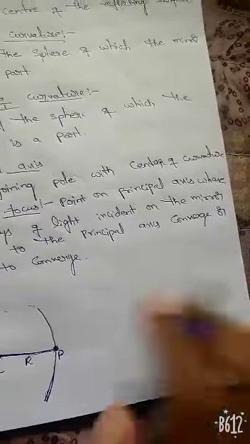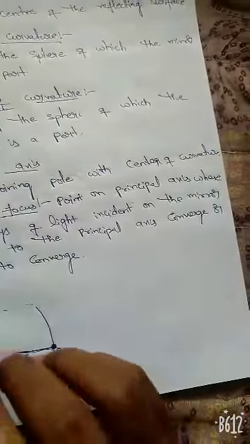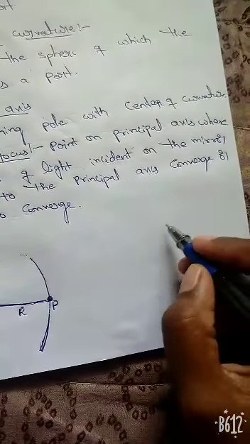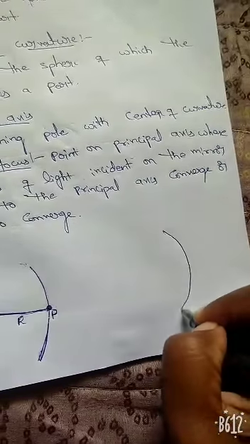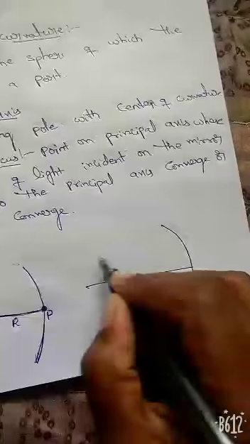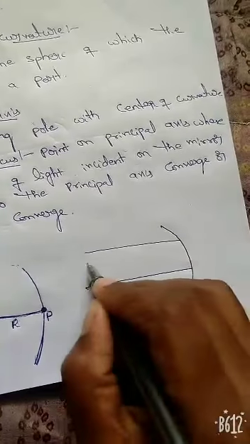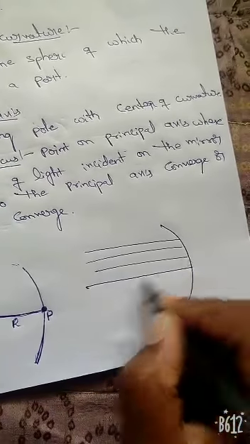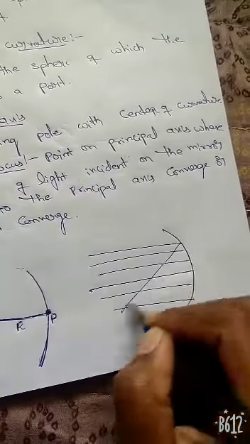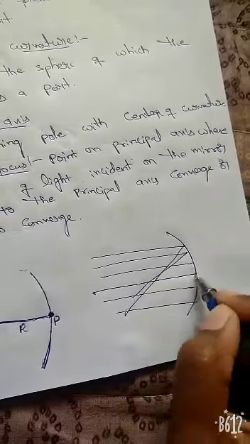Now next, principal focus. So let us take how the rays get reflected on the concave mirror. So when this is a principal axis, when the rays are falling on the mirror, as we have discussed in the last class, they will get reflected back and they will meet at a point.